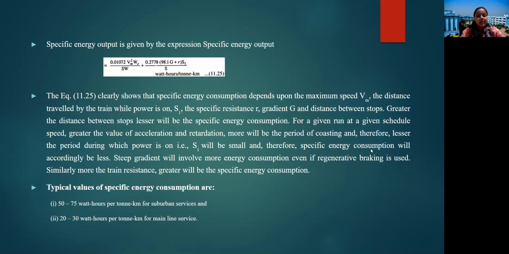So see here, in mainline service the distances are far more than suburban service, so the energy consumption will be lower. This is a point that we have noticed, right?